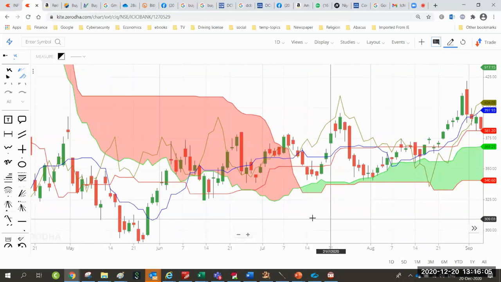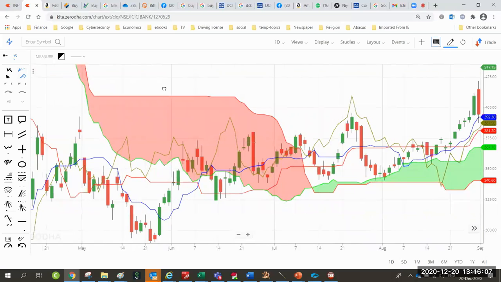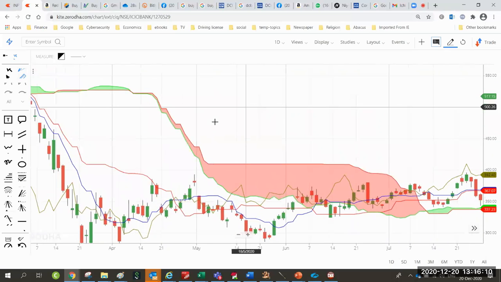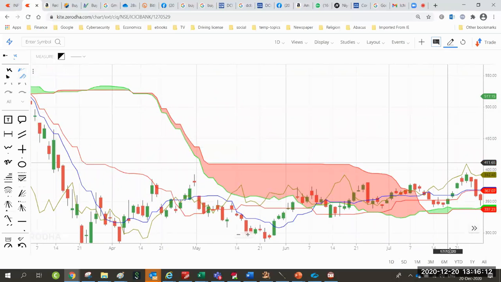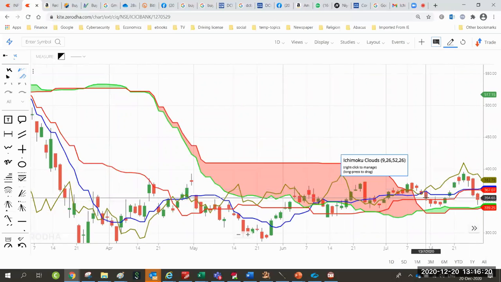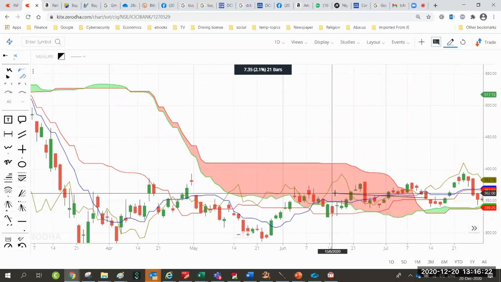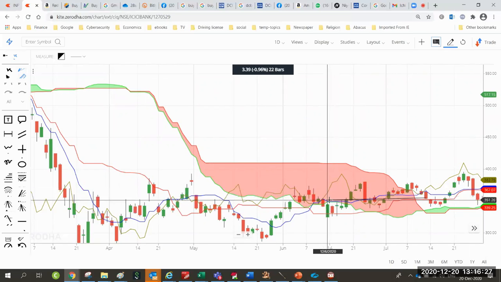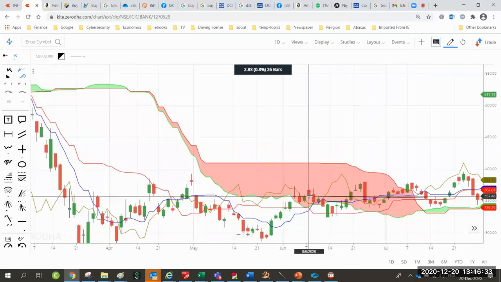So we can see that there is a bearish cloud. Now from this you put a candle. And that cloud is a thin cloud. That's why it didn't stay for long. It crashed. Exactly, there's a thin cloud. You are right. So now the 26th bar is coming on this one.